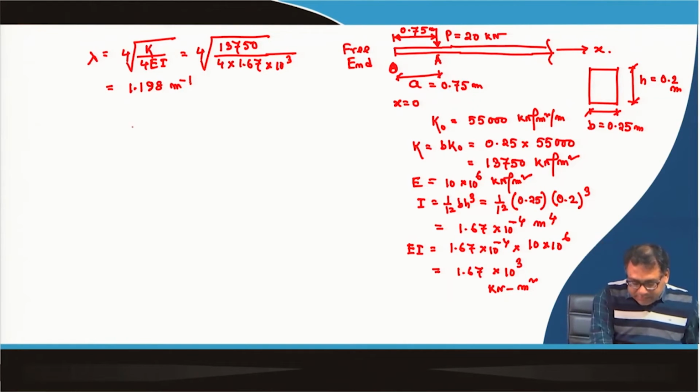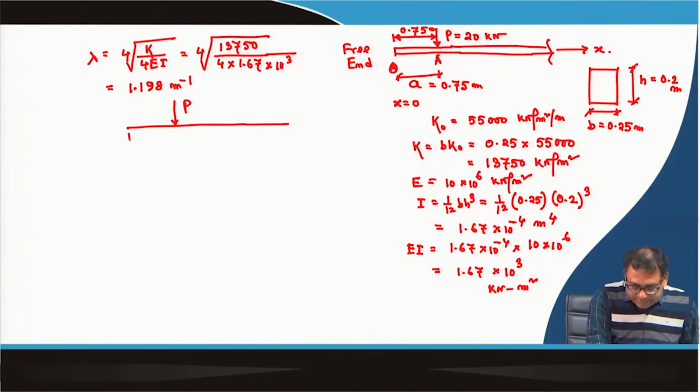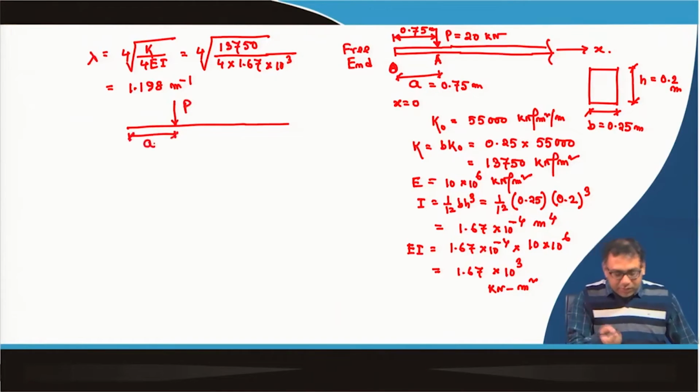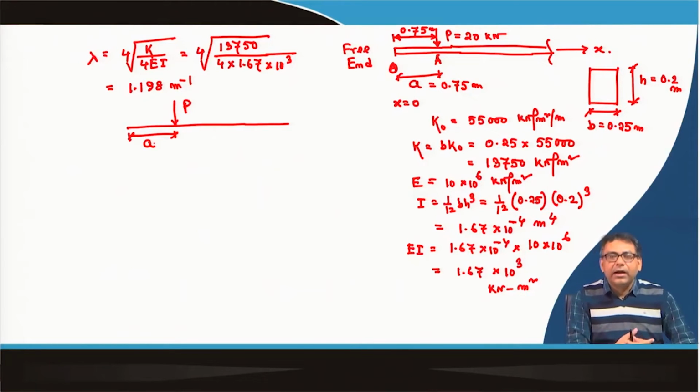As I have already discussed, in the case of a semi-infinite beam, if this is the P which is acting at a distance of A, first we have to calculate MA and QA for the free end, then you have to apply conditioning forces such that the net moment and the shear force will be 0 at the free end.